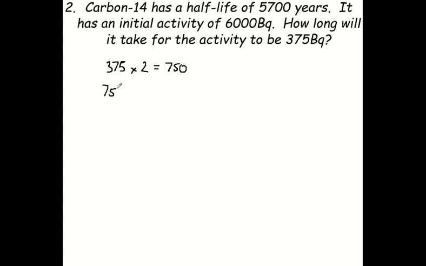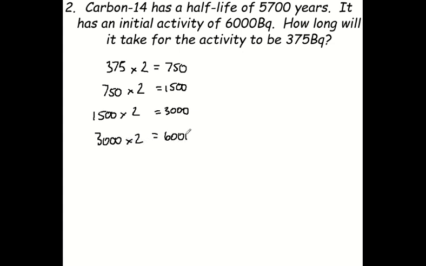Then we can do 750 times 2 is 1,500. 1,500 times 2 gives us 3,000, and then 3,000 times 2 gives us 6,000. So that's our initial count again. So then we can just count up, so that's going to be 1, 2, 3, 4. So the answer then is 4 half-lives.